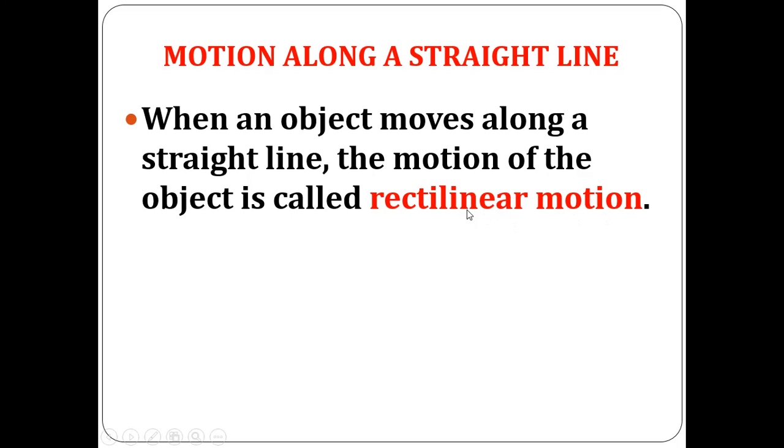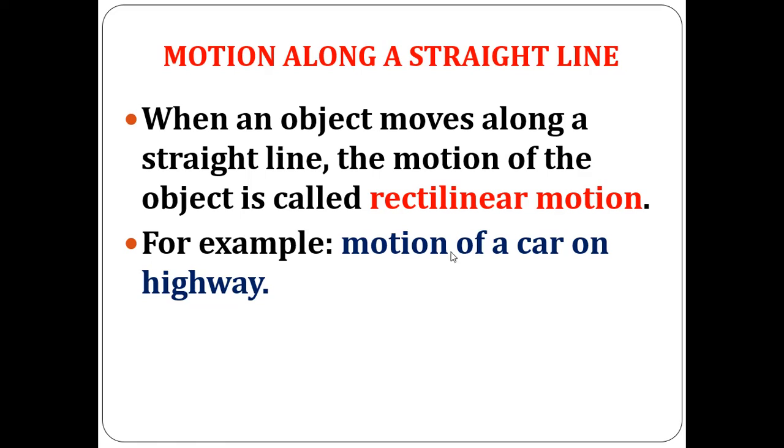Linear means what? Straight. Okay, so when an object moves along a straight line, the motion of the object is called rectilinear motion. For example, if a car is moving on a highway, it will move in a straight path, no? So it is an example for rectilinear motion.